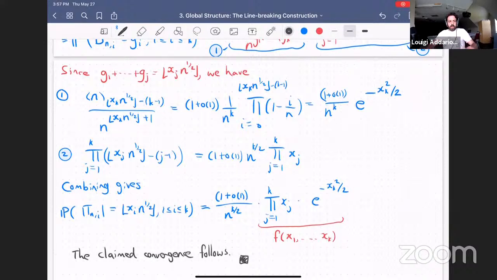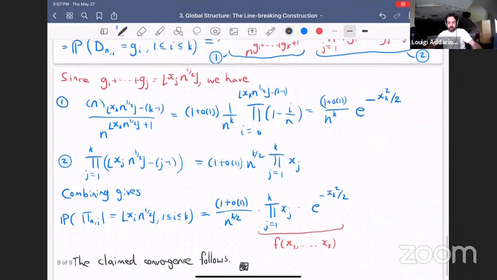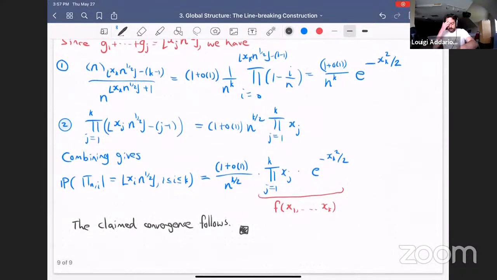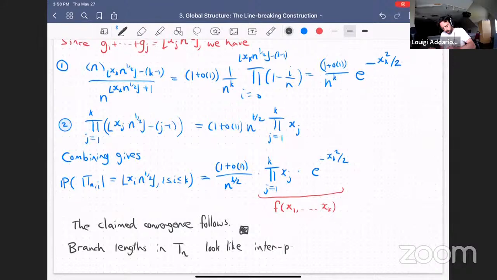Okay, so I think that's maybe a good time to pause for further questions. So we've now seen that branch lengths in Tn look like the interpoint spacings in P, this inhomogeneous Poisson process.